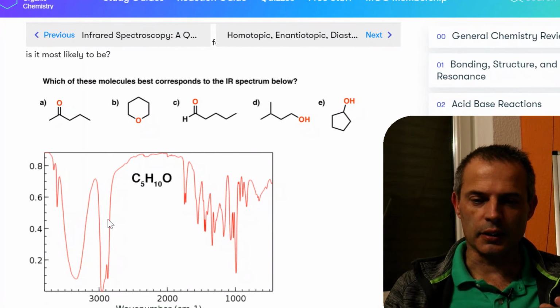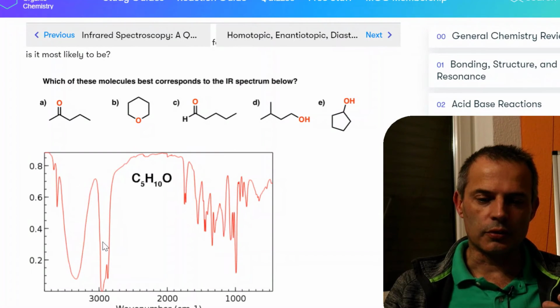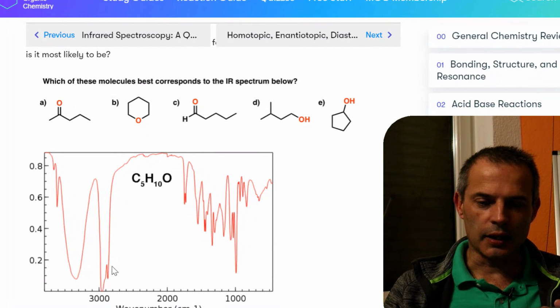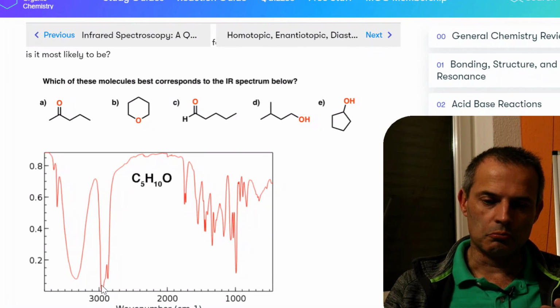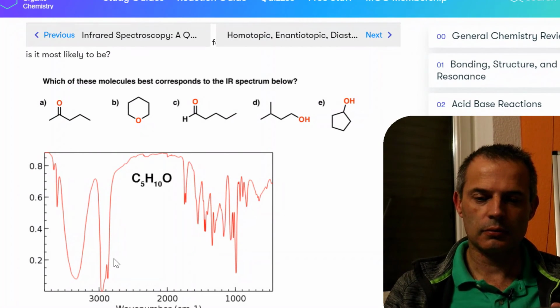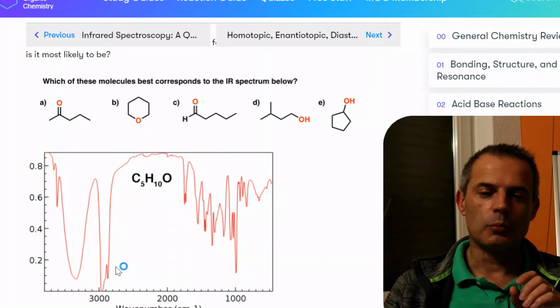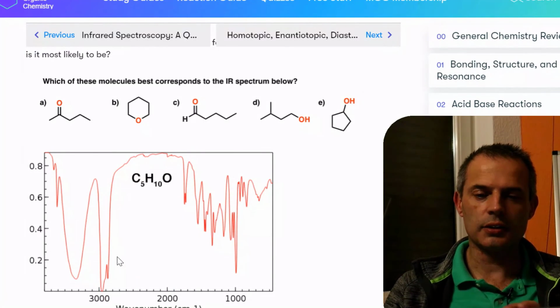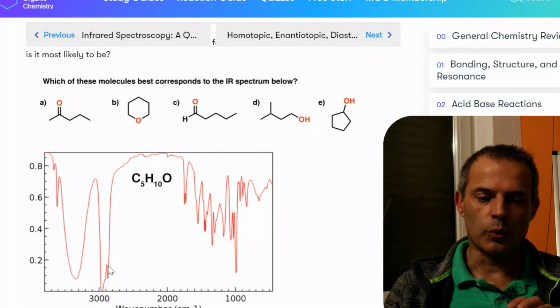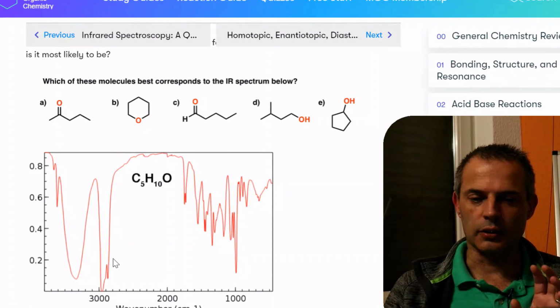Can we work out anything else from this? Well, we've got a shape here that looks like not too many peaks, which, as I was telling you before, is a clue, because if we have CH2s and CH3s in our molecule, we would expect to see 3 or 4 peaks here, and that doesn't look like it normally looks.